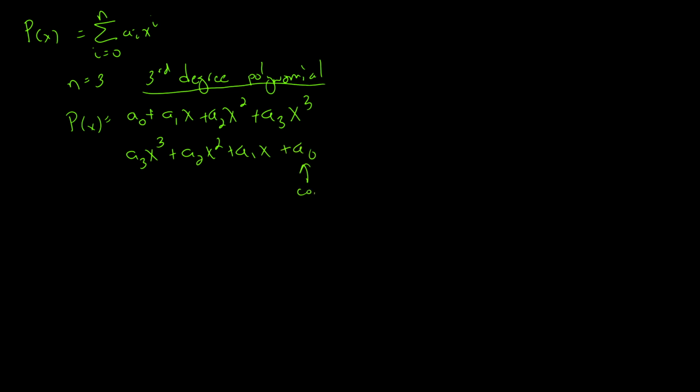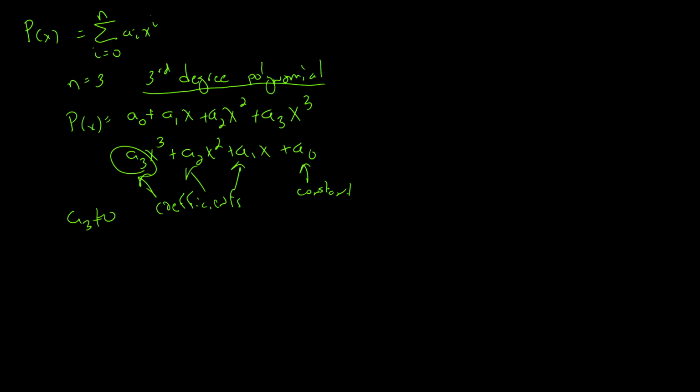And that's the constant, and these are the coefficients for each term. And these can take any value as long as a sub 3 does not equal 0, because if a sub 3 was 0, then we'd actually be looking at a second degree polynomial.